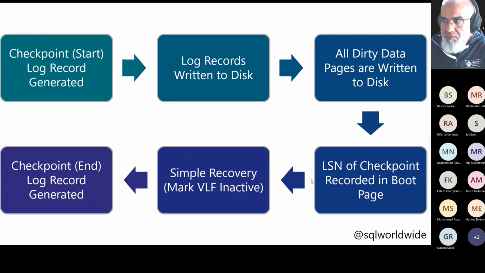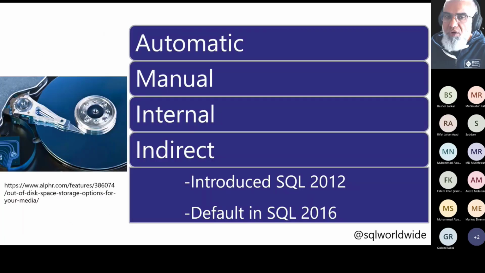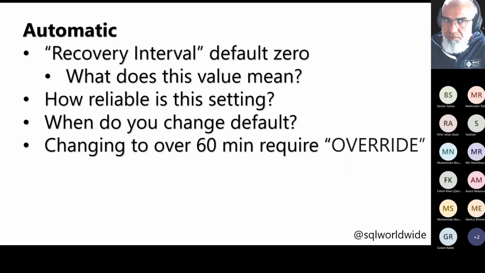You are talking about the automatic setting. I just go to that page. The log sequence, the choice is automatic. That is describing the less than 1 minute. This here is the automatic setting, right, from 2012 or later. So this is the default.